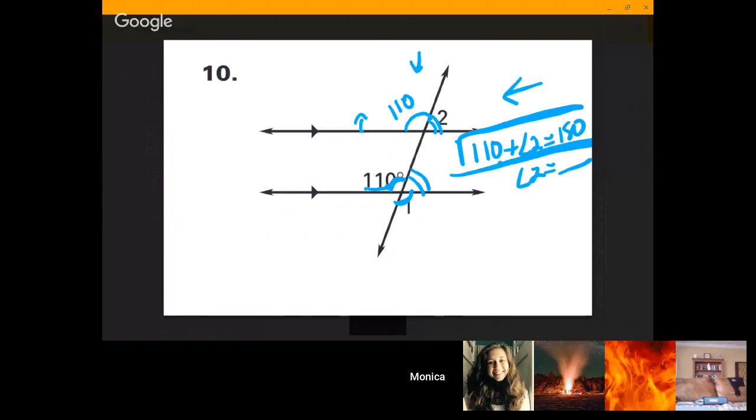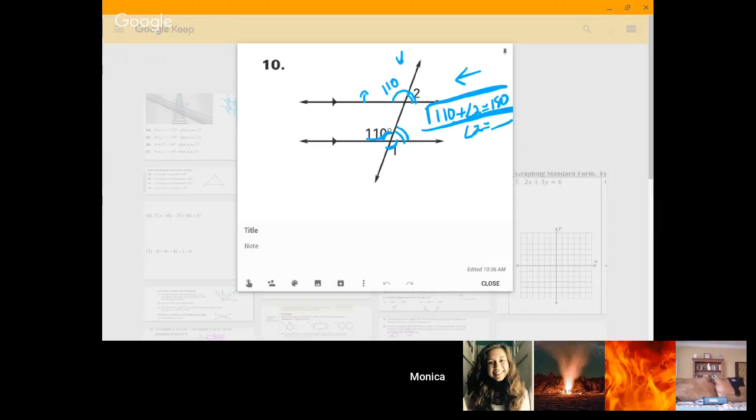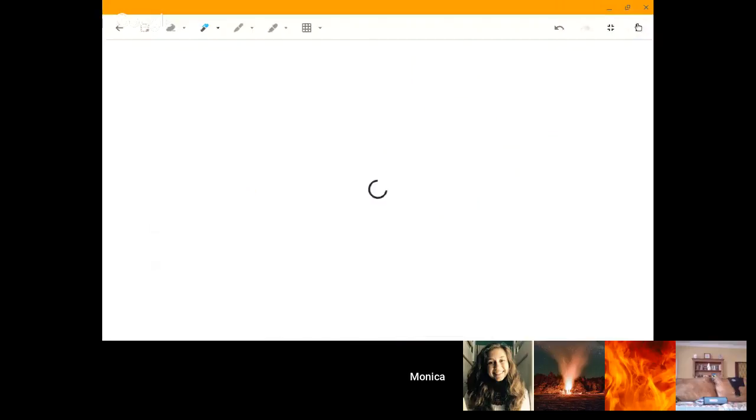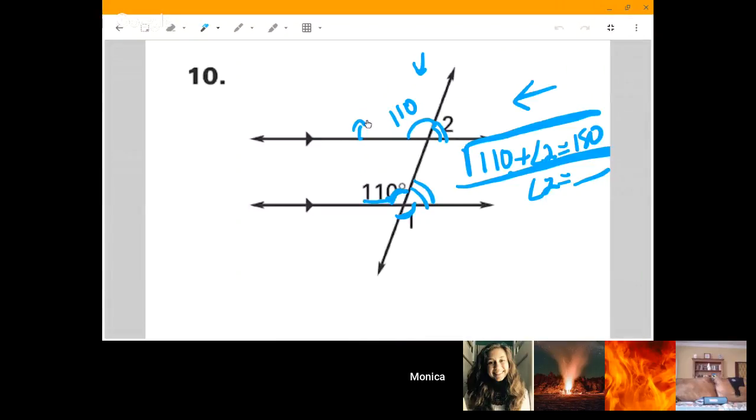For number 10, we know that these two angles are vertical angles here. Hold on. Did it go away? All right, let's try again. So we know these two angles here are vertical angles.